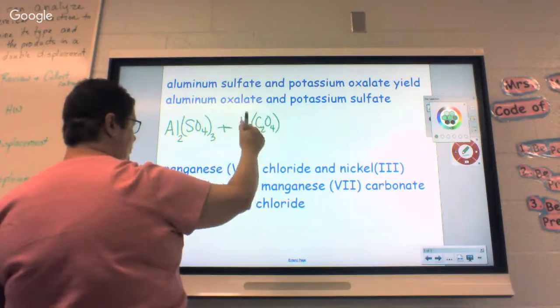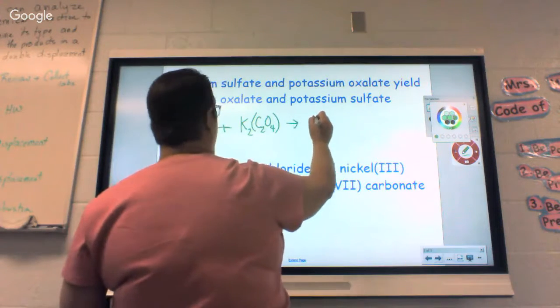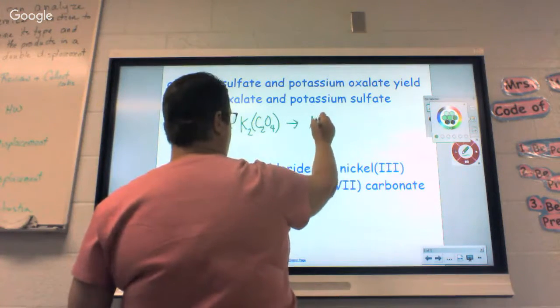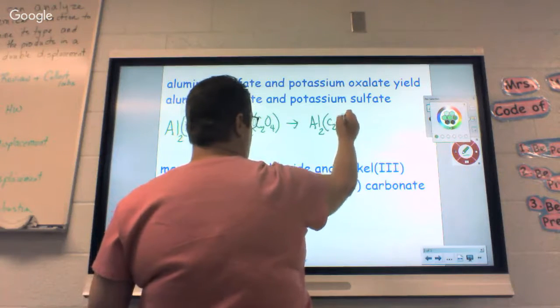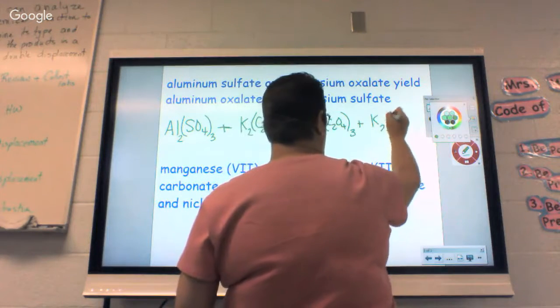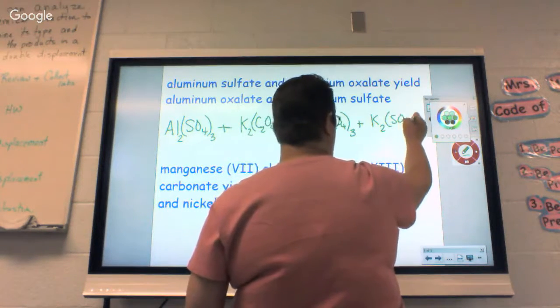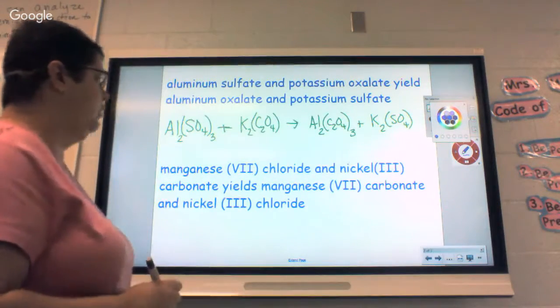What do we get first? Aluminum oxalate first. So we're going to have a 2 here. C2O4 with a 3 here. And potassium sulfate here. All right, so to balance it, what do you want to balance first?